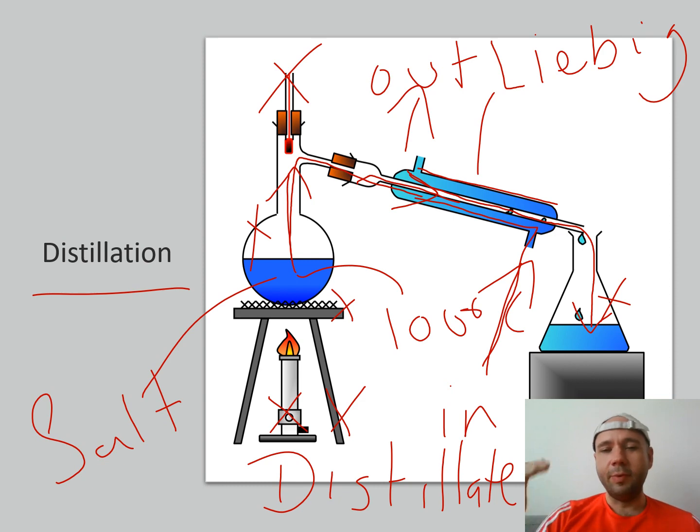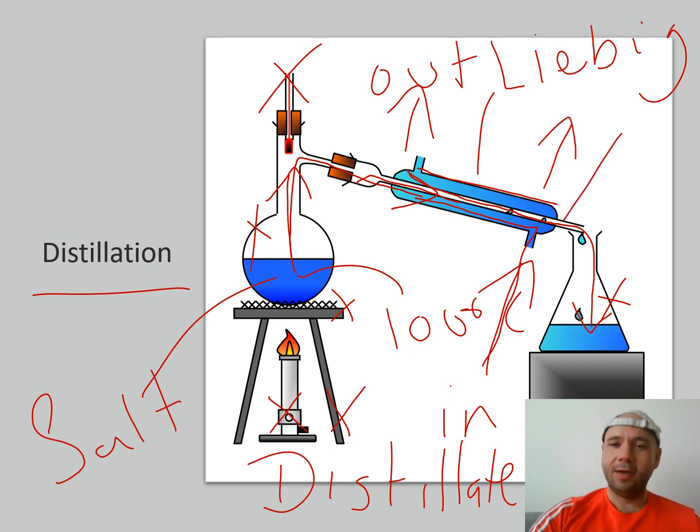Okay, now if we did not have that Liebig condenser with all of the cold water going around it, the gas, the water vapor, would not condense and we wouldn't be able to collect it in the conical flask, and instead it would remain as a gas and move out to the environment.